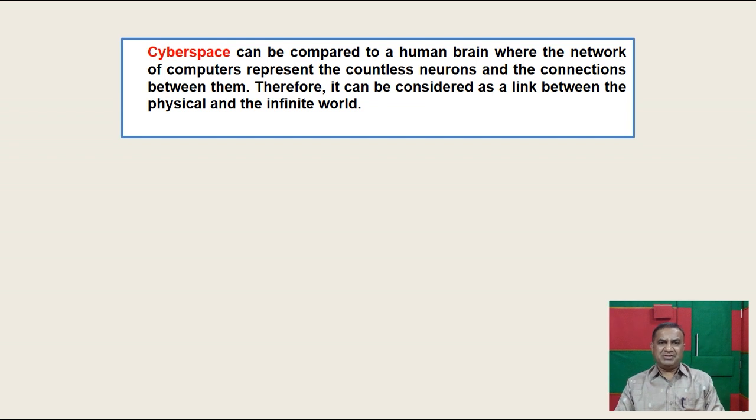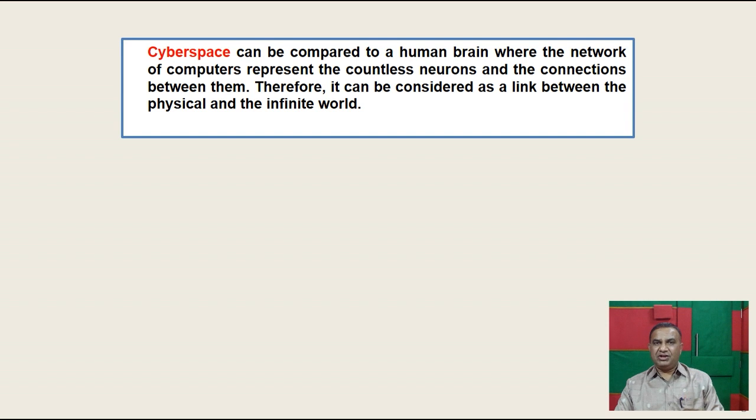Cyberspace can be compared to a human brain, where the network of computers represents the countless neurons and the connections between them. Therefore, it can be considered a link between the physical and the infinite world.